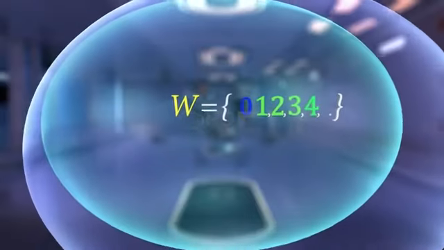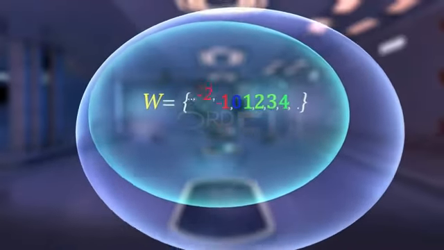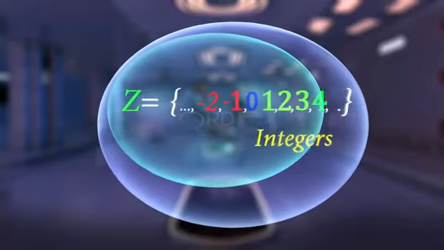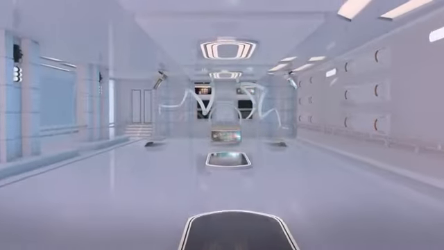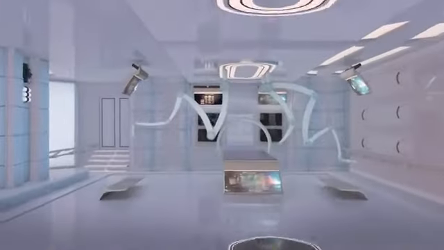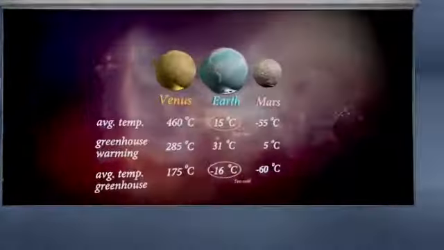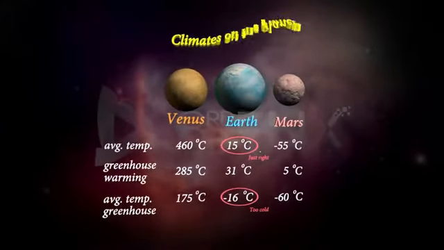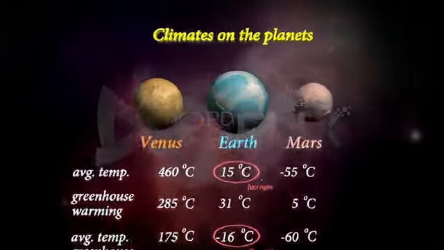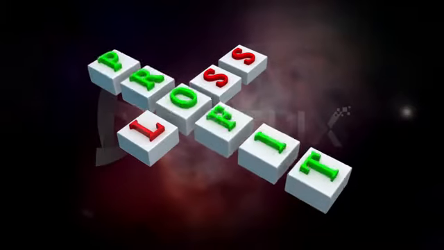When we include negative numbers with the whole numbers, those numbers are called integers. We use negative integers to express temperatures and profit and loss, etc.